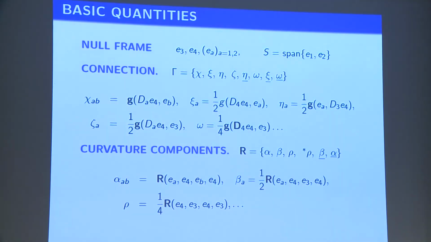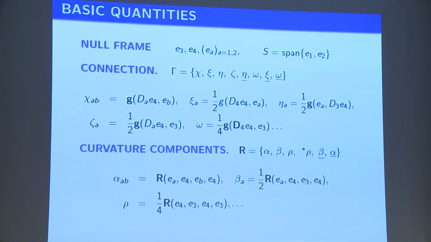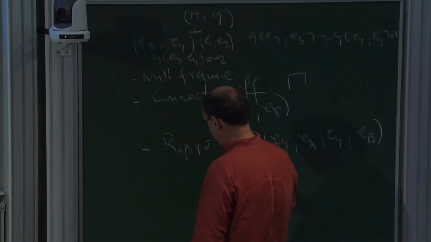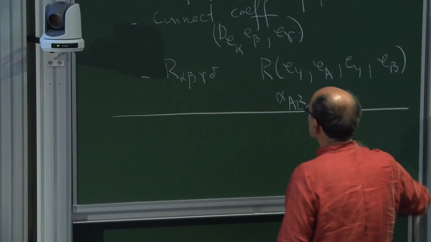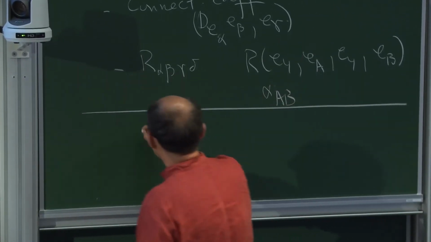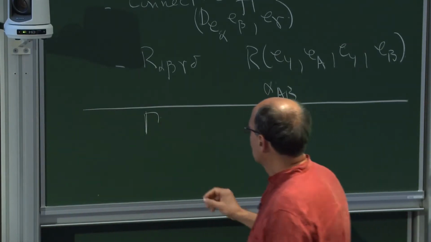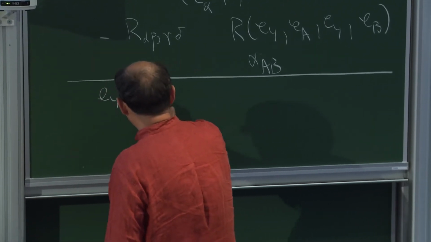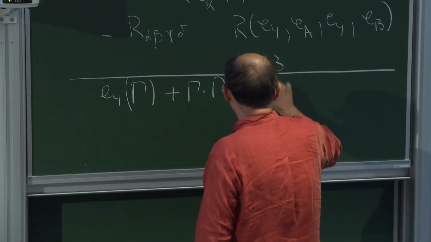And very often in general relativity, you will see these kinds of notations, right? Anyway, maybe I don't want to scare you with too many notations. What you should keep in mind is that the gammas verify equations which are related to curvature. For example, this is a very important equation: e_4 gamma plus gamma times gamma is equal to curvature.